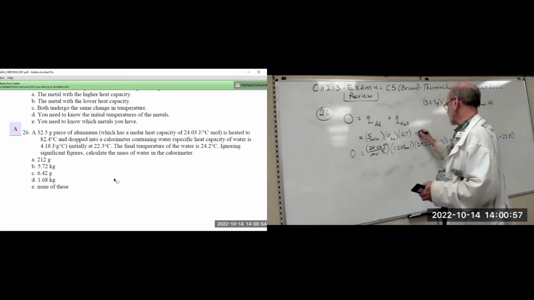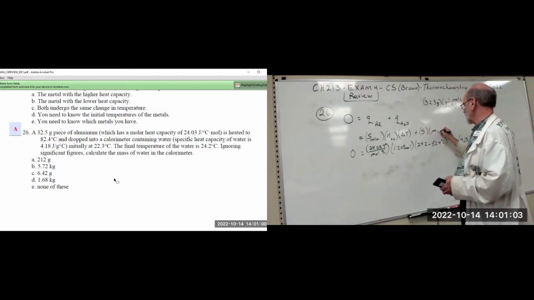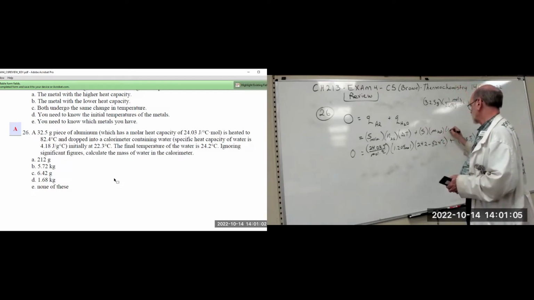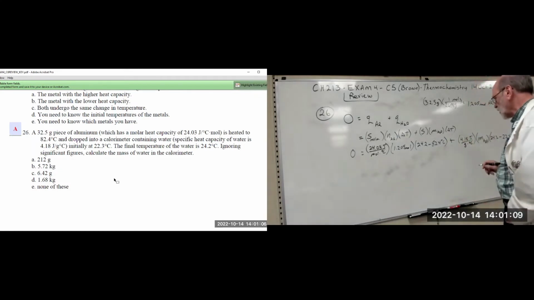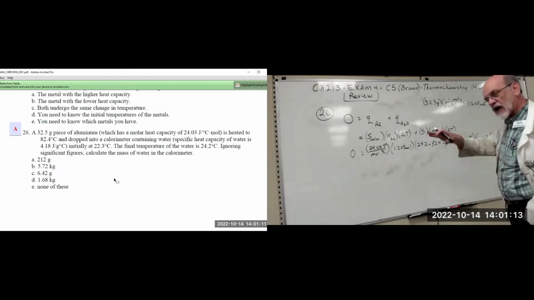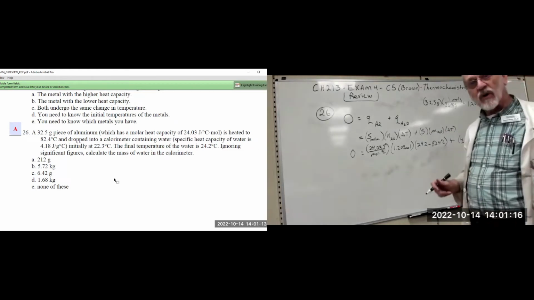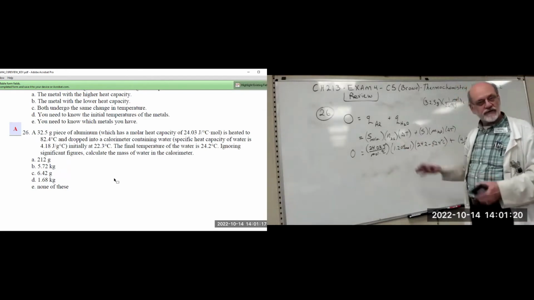I didn't write the rest of this out here. This would be specific heat for water times the mass of the water times delta T for the water. Okay, so now what we have to do is solve, right? The thinking part is done. This is all the thinking required. The rest is just number crunching.